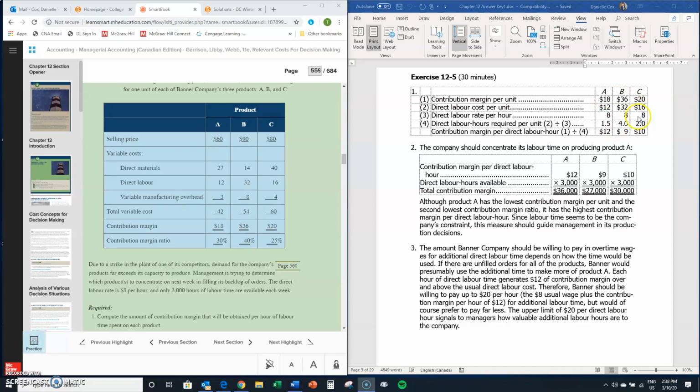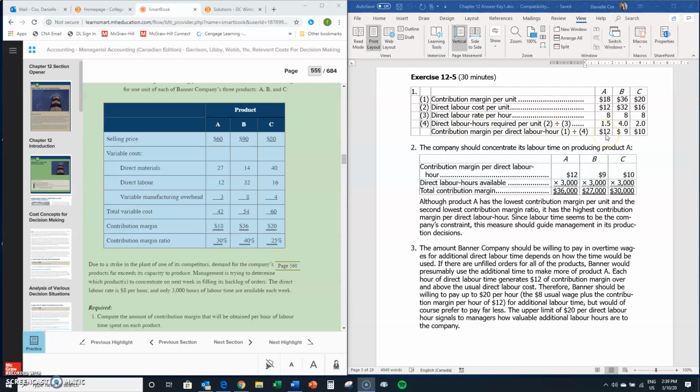Then the next step is we're given the contribution margin per unit in the question. Now we need to figure out the contribution margin per direct labor hour. That's the constraint. So we would take the contribution margin per unit of $18 for product A and divide it by the direct labor hours required per that unit.